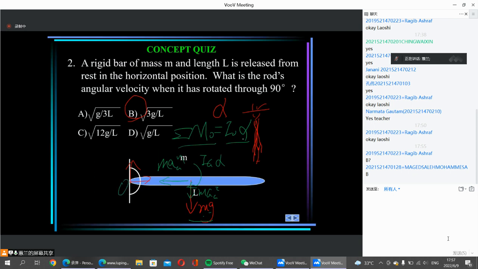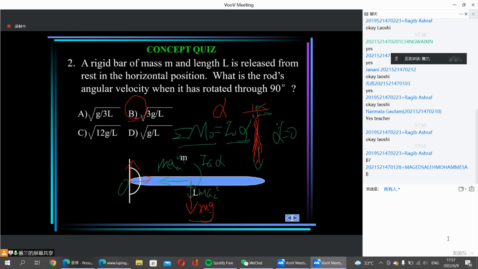So for the horizontal, we can calculate alpha, right? And when it's vertical, because the weight and the forces will produce no moment, alpha equal to 0, okay?